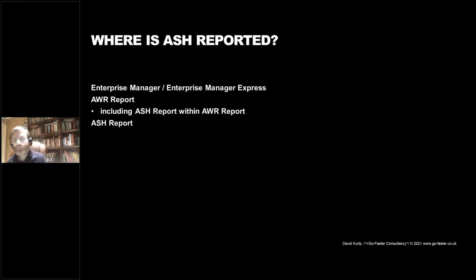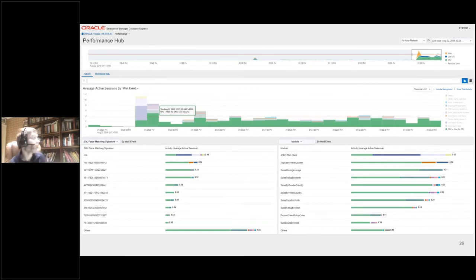So all of this ASH data accumulates over time in the AWR repository, and various things pull it back. There are AWR and ASH reports. There's Enterprise Manager and Enterprise Manager Express. This is Express from 19, and I've got some activity here, and I can choose my time window.